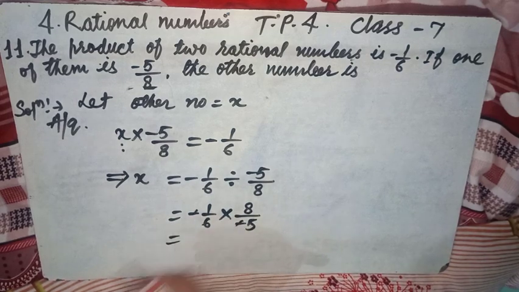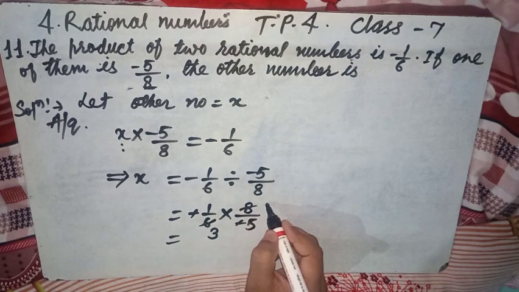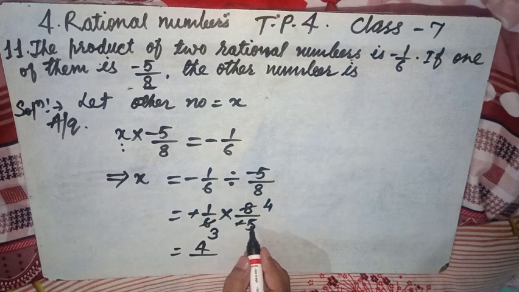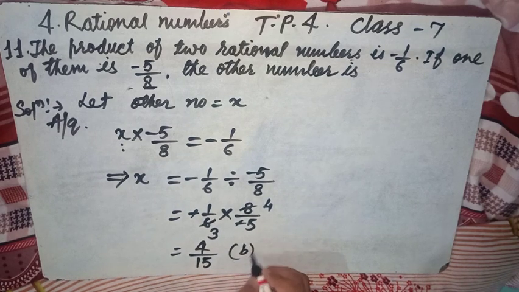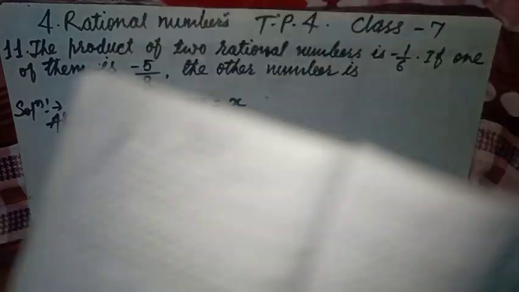Here minus minus will get cancelled. Okay, 2 threes are 6 and 2 fours are 8. Here 1 multiplied by 4 is 4, and 5 multiplied by 3 is 15. So this is your B option. Here have a look. 11 is B, 4 by 15. Okay, this is your answer.